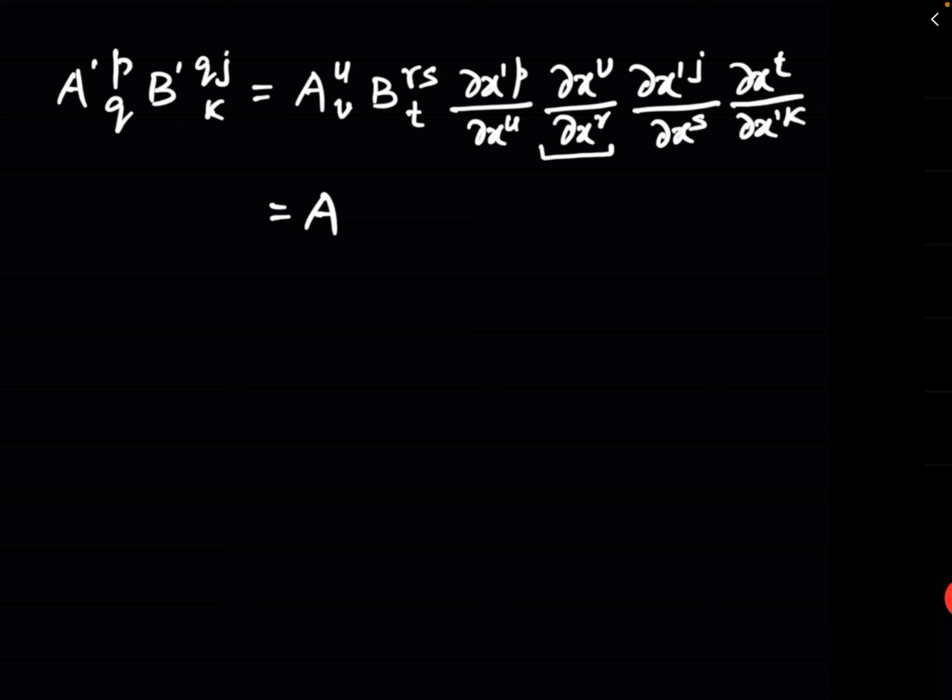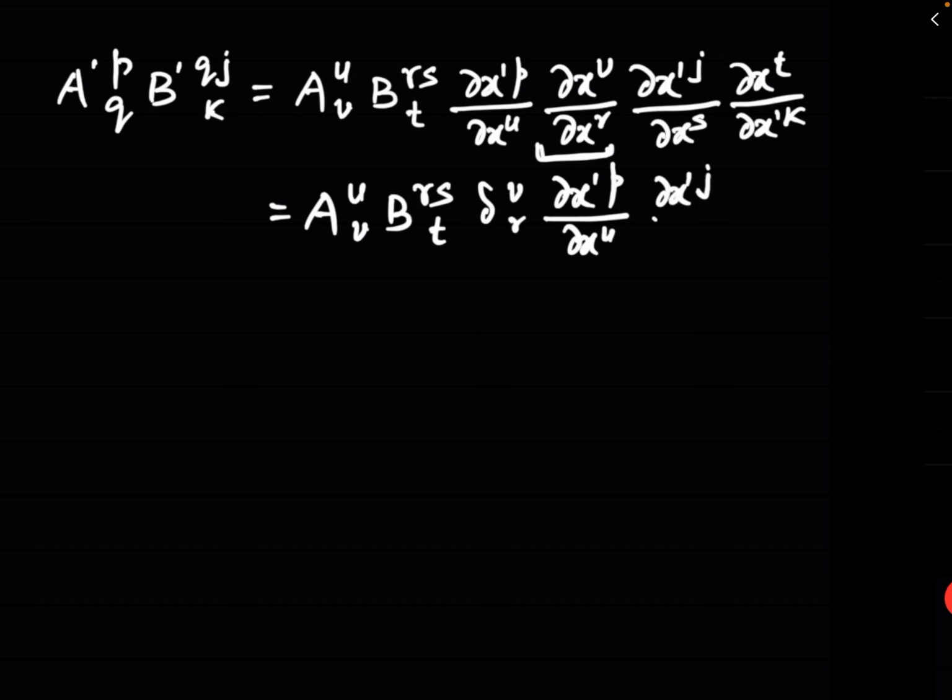So we will write here A UV BRST, and instead of this del x V by del x R, we will write the Kronecker delta VR, and the remaining factors are del x prime P by del XU times del x prime J by del XS times del XT by del x prime K. Now when V is equal to R, then this Kronecker delta will be equal to 1.